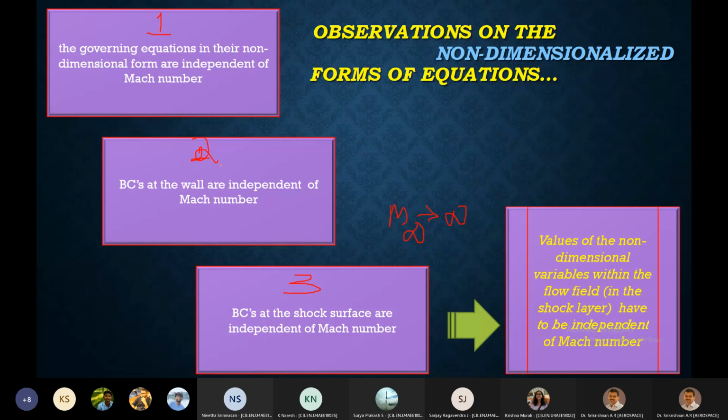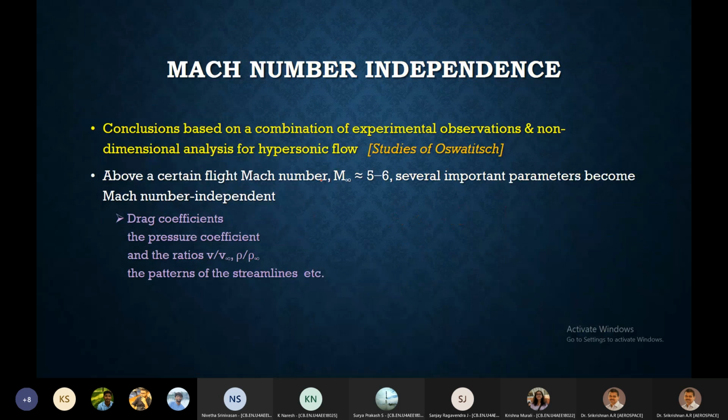Now, this observation leads to the concept of Mach number independence in hypersonic flow.